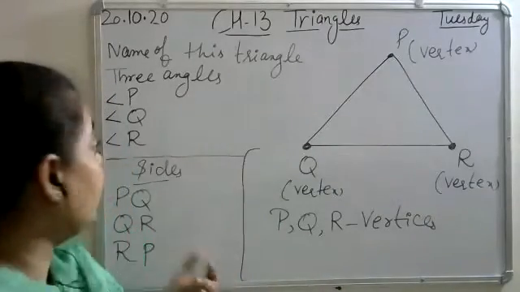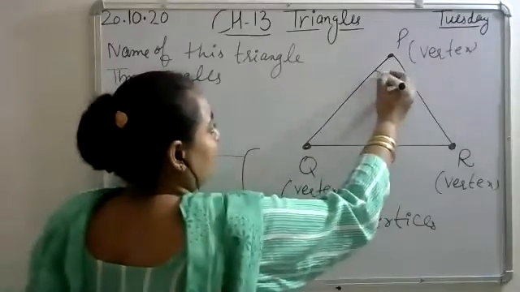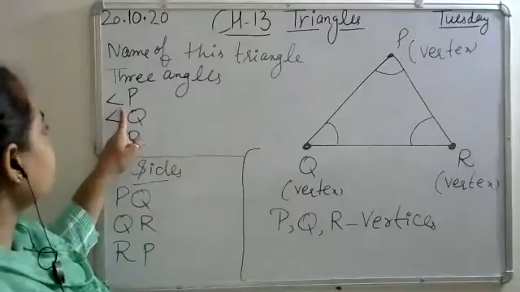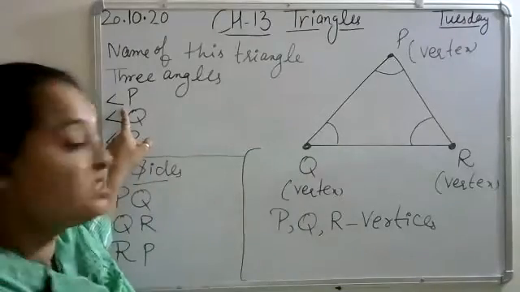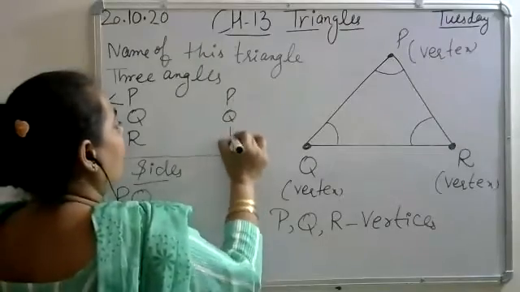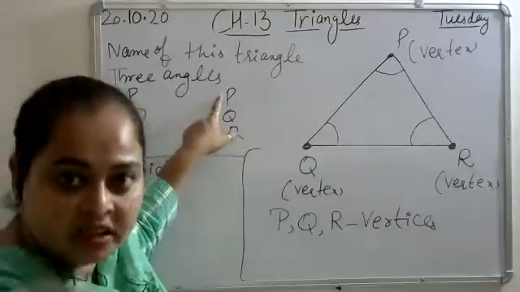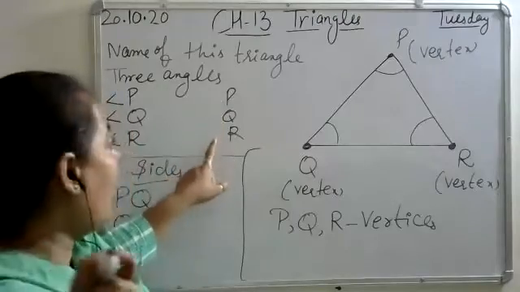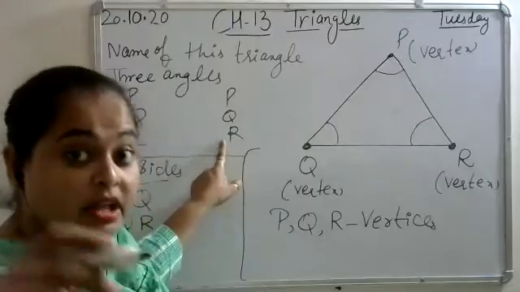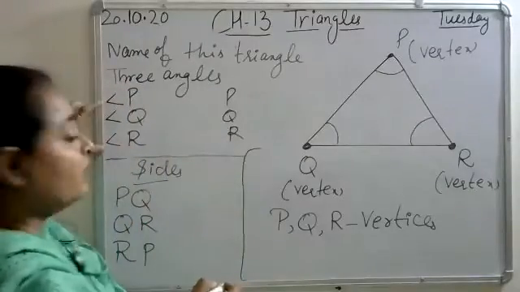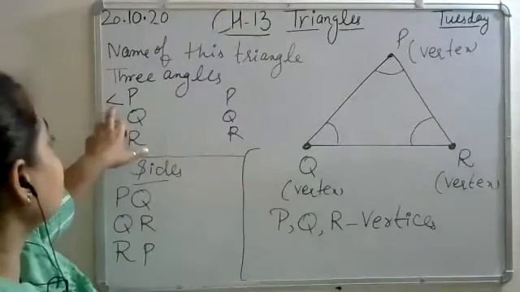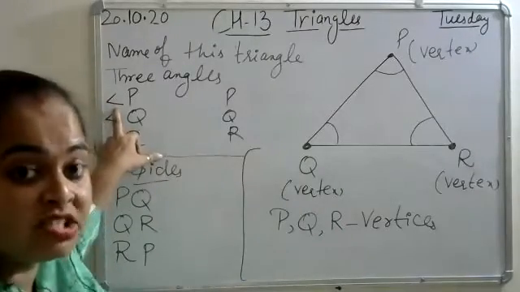And if you are writing the name of an angle, angle P, angle Q, angle R, this symbol of angle is very much compulsory, otherwise no marks are given to you. If you are writing P, Q, R, then P is a point, Q is a point, R is a point. And if the question is based on angle and you are writing without the symbol, then you will get 0 marks. So whenever you are writing angles, this symbol of angle is very much compulsory.